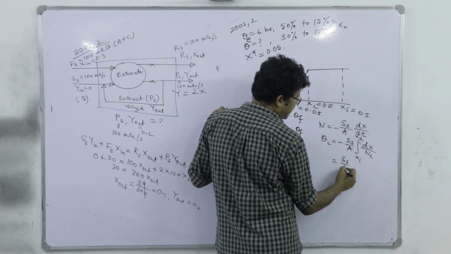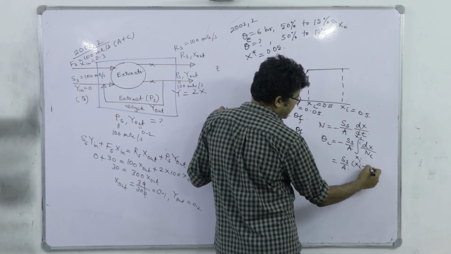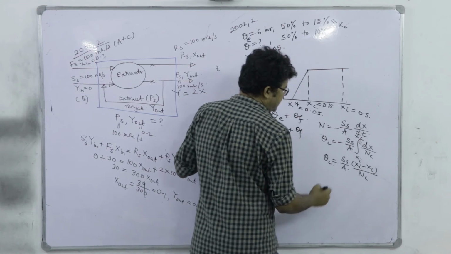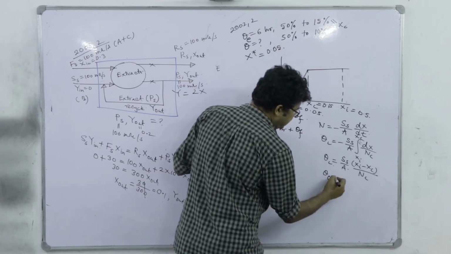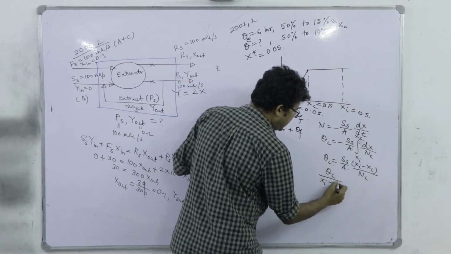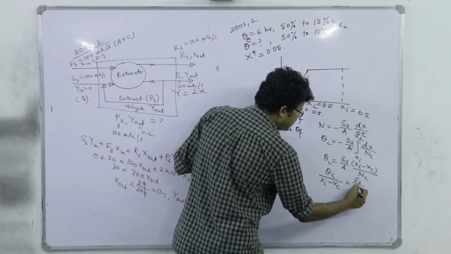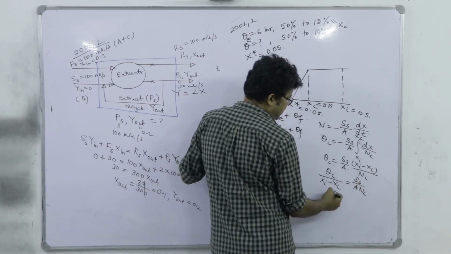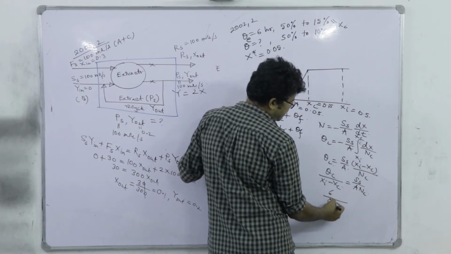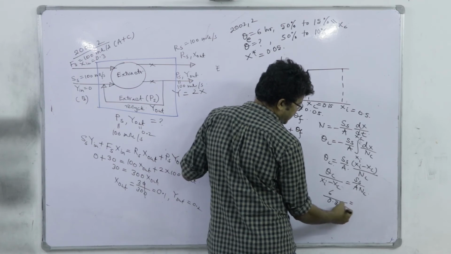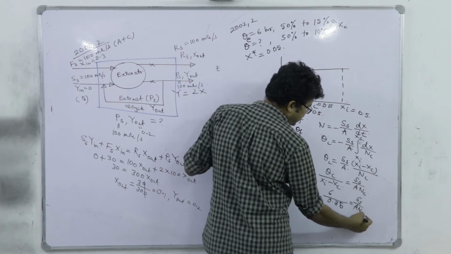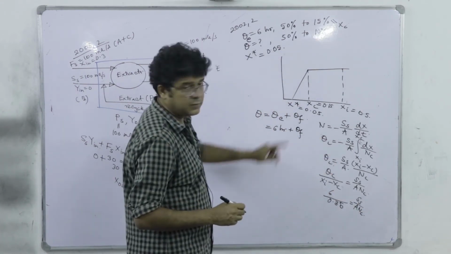So, this is Ss by A, this Xi minus Xc divided by Nc is equal to theta c. So, theta c divided by Xi minus Xc is equal to Ss by A Nc, that we can get. And theta c is 6 hours, Xi minus Xc is 0.5 minus 0.15, that is 0.35. In appropriate units Ss by A Nc we have to get in order to calculate theta f.